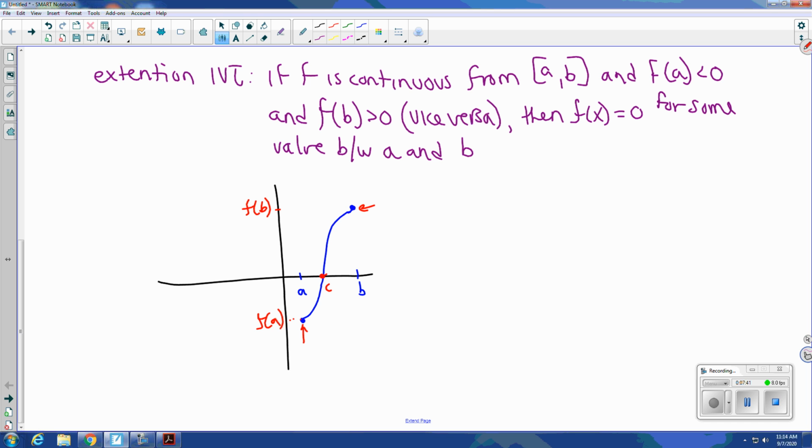Now, if it's not continuous, then that condition doesn't necessarily apply. But if we are told it's continuous, we know that function equals 0 at some point. And it could be more than once, but we're guaranteed at least once. Okay, so equals 0 at least once.